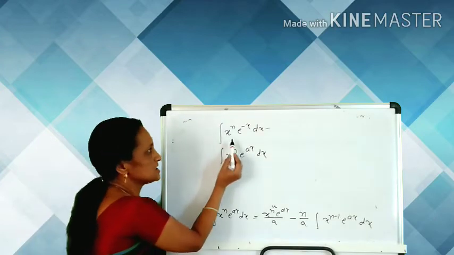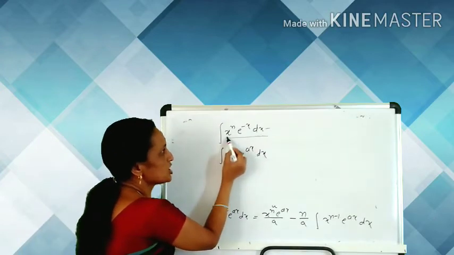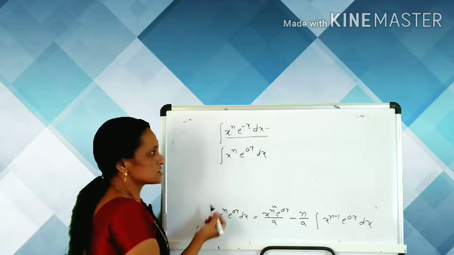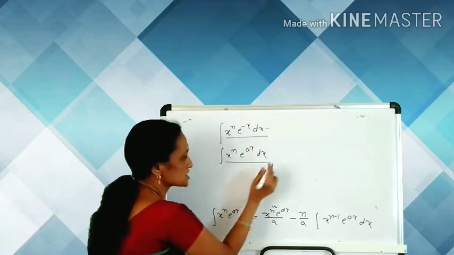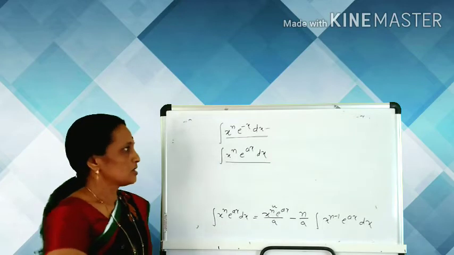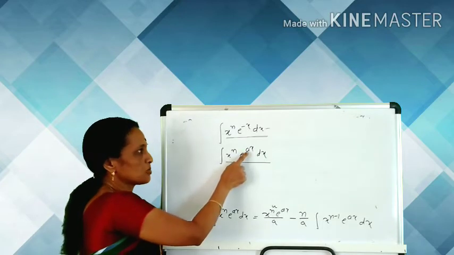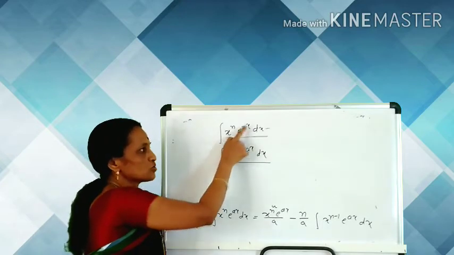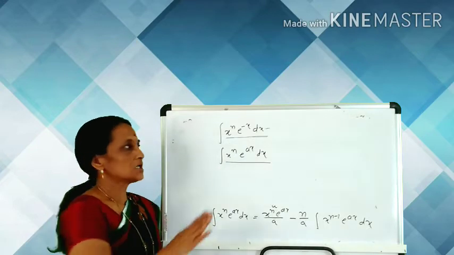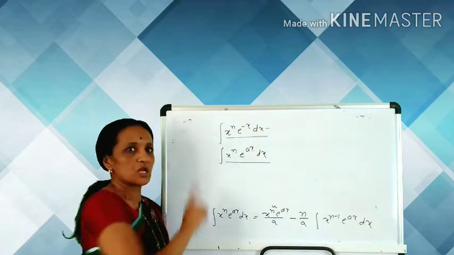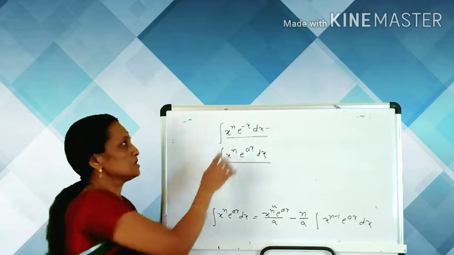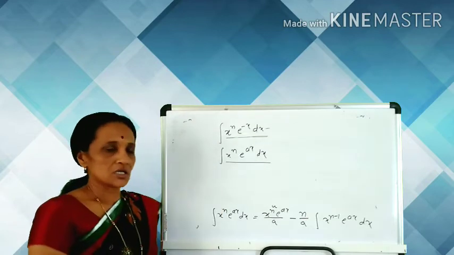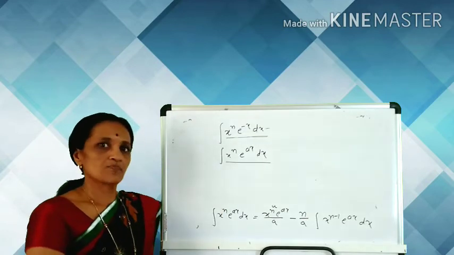Actually this first formula is the particular case of this second formula. Means in the second formula, if we put a is equal to minus 1, we get also a reduction formula for x raised to the n e raised to minus x into the dx.